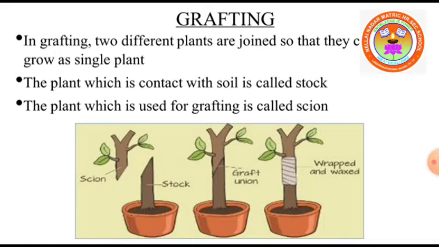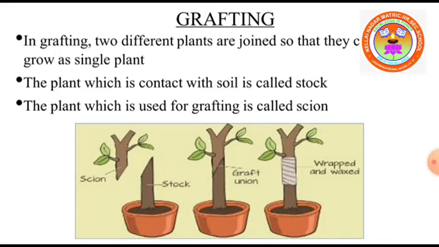Cambium is present only in dicots, so it is possible only in dicotyledon plants, not in monocotyledon plants. In grafting, two plants are commonly used. The plant which is in the soil is called the stock, which you can see in the picture, and the plant which is grafted is called the scion.